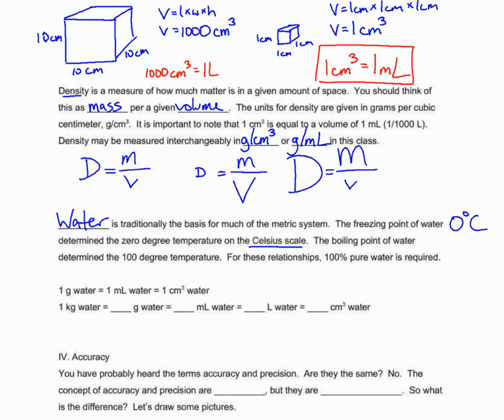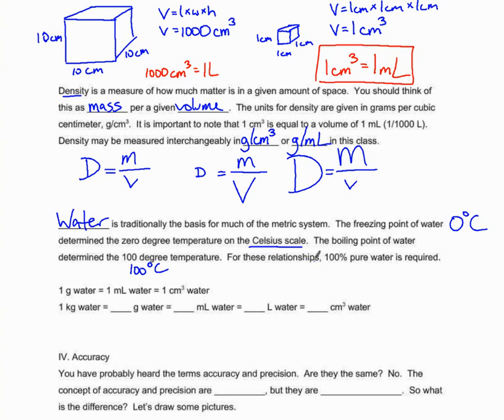When the water outside started to freeze, they called it 0. The boiling point of water is determined by the 100 degree temperature, or 100 degrees Celsius. And in between any temperature between freezing and boiling of water, there are 100 divisions.